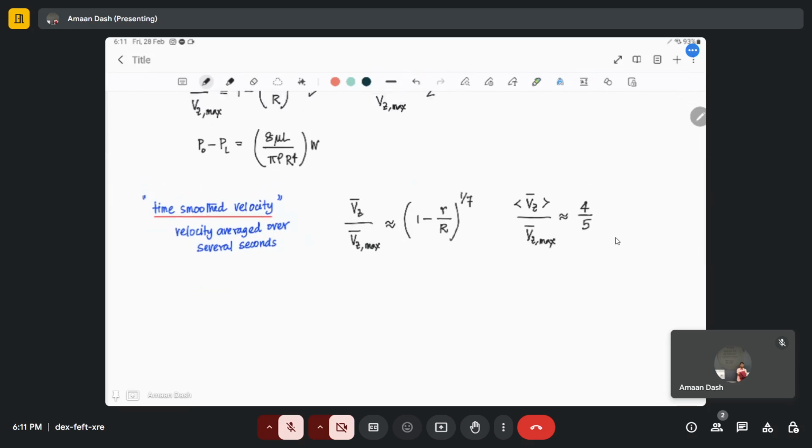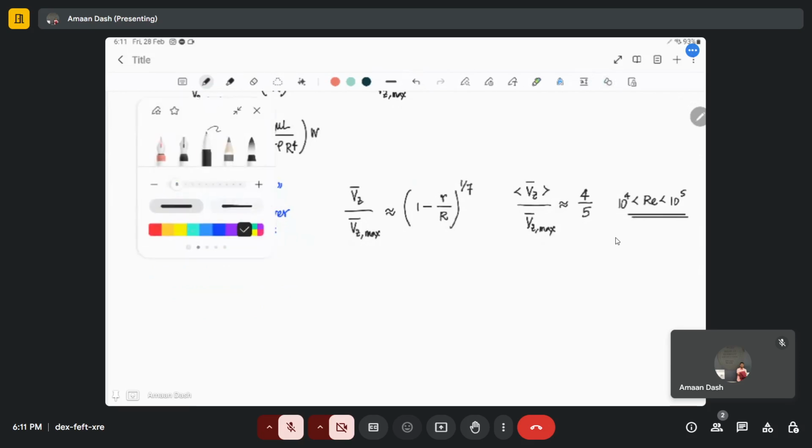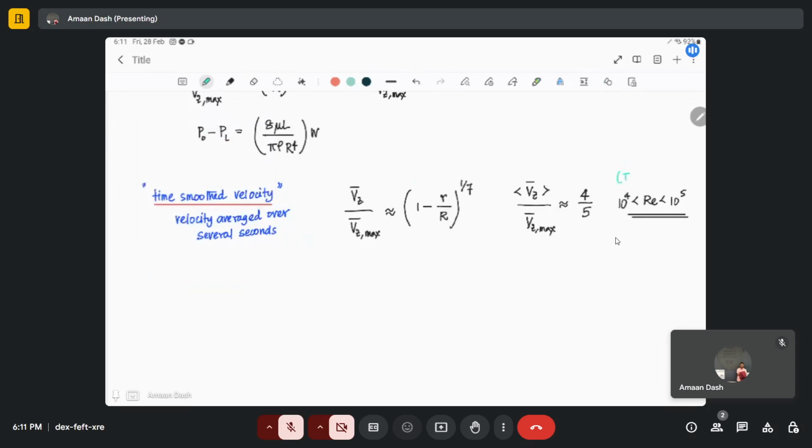This is for high Reynolds number, that is, Reynolds number between 10 to the power 4 and 10 to the power 5. This is turbulent flow.